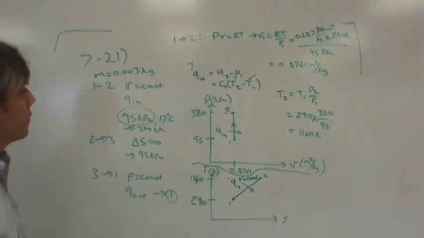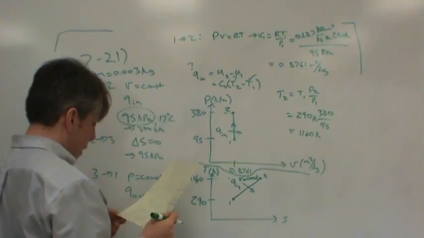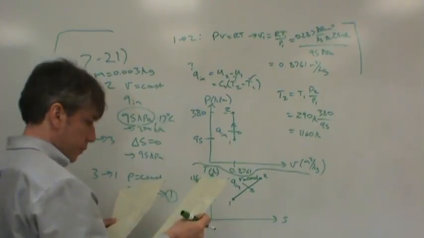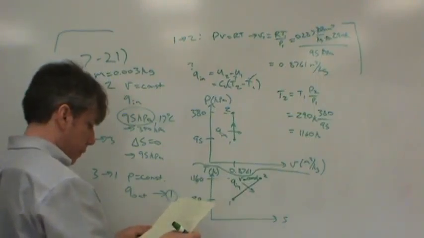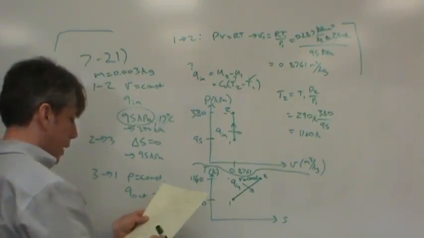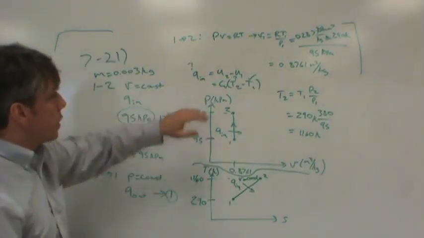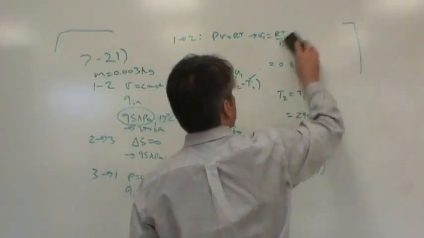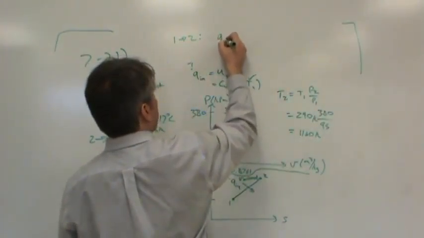Now we could actually calculate QN. I probably did that somewhere here, but I don't see it right off. Oh, here we go. I'll need some calculator help because I calculated the total heat transfer in. Notice so far I'm dealing with specific heat transfer, not total. So let's finish off the transition from state 1 to state 2 by calculating QN.